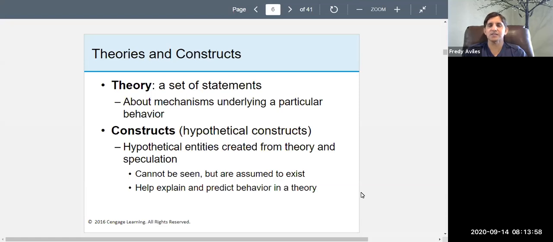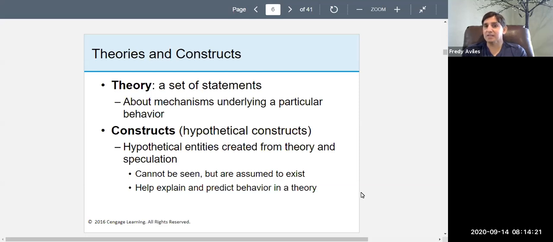So a construct, think of it as a construction. It's something that's been created. Motivation is not something we can see. We've had to kind of come up with a word for it and define it. That's a construct. Okay, these constructs are things that cannot be seen, but they're assumed to exist. Motivation, right? Self-esteem, happiness. These are things that we kind of assume exist.